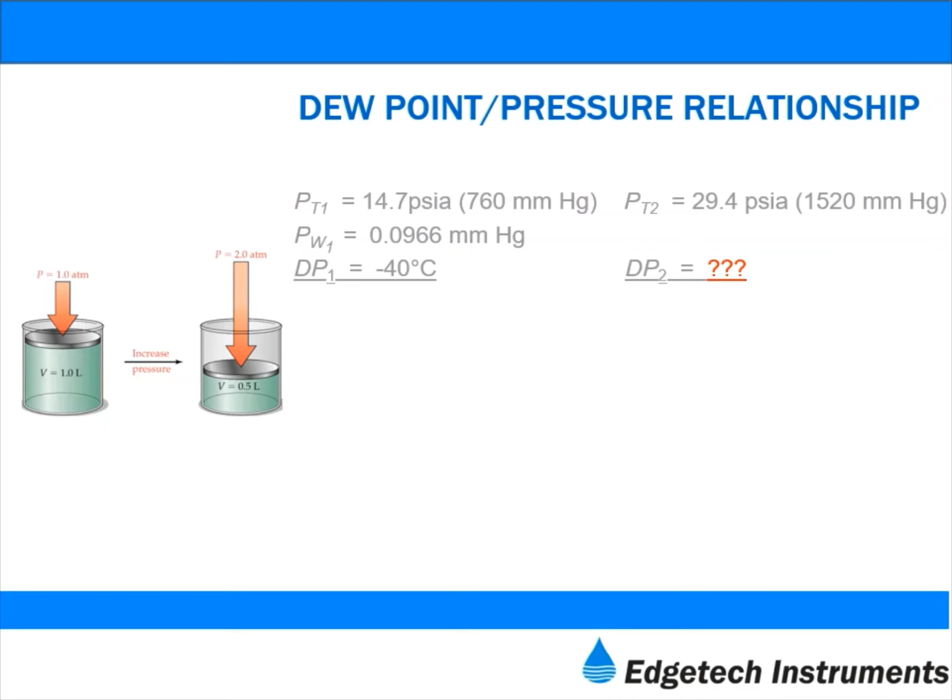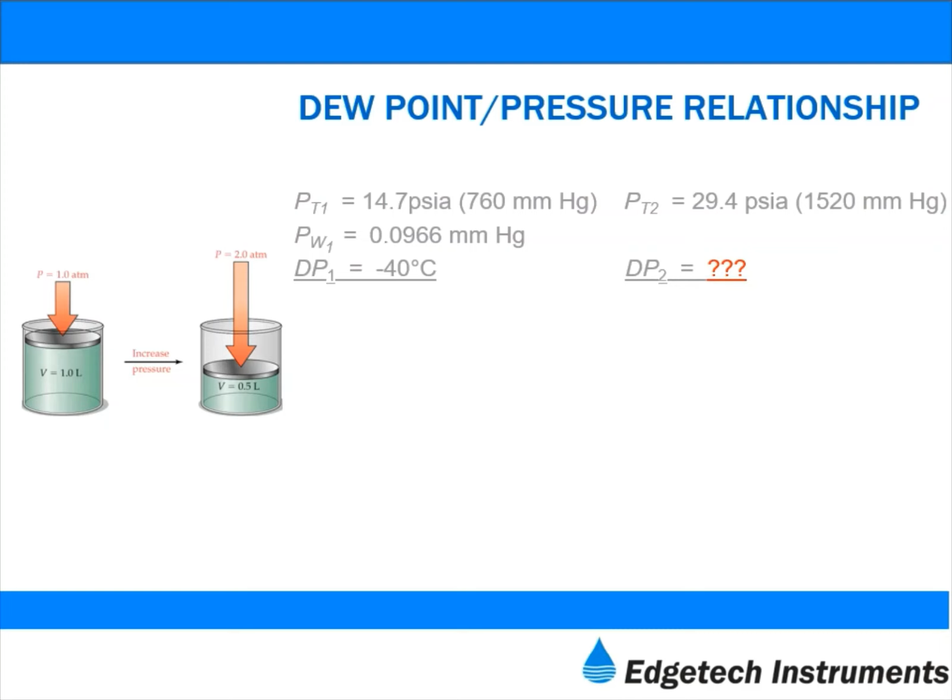And you measure the water vapor pressure within that cylinder. Let's just say it's air, and the air has moisture in it. And the water vapor pressure is 0.0966 millimeters of mercury. Well, number one, if you use a water vapor pressure table and look up 0.0966 millimeters of mercury, you'll see that that's a dew point of minus 40 centigrade.